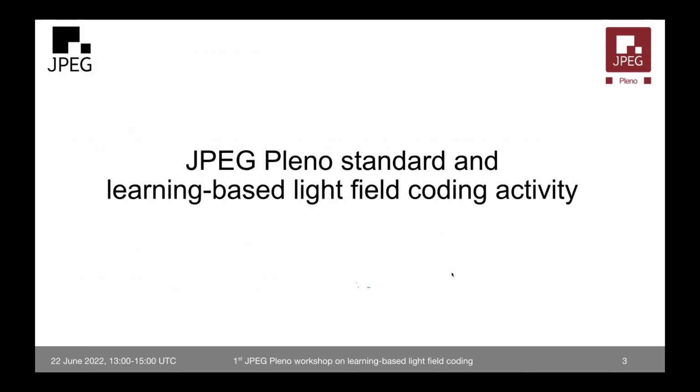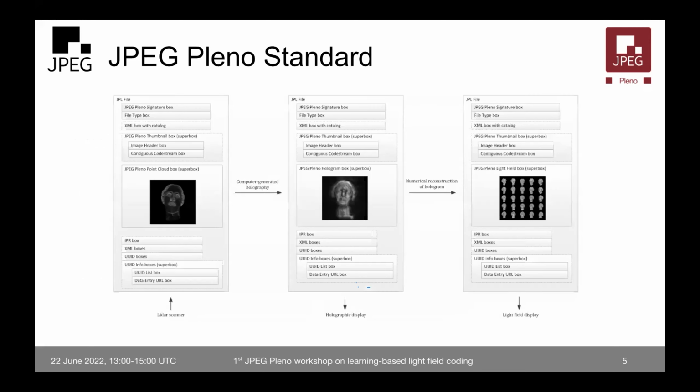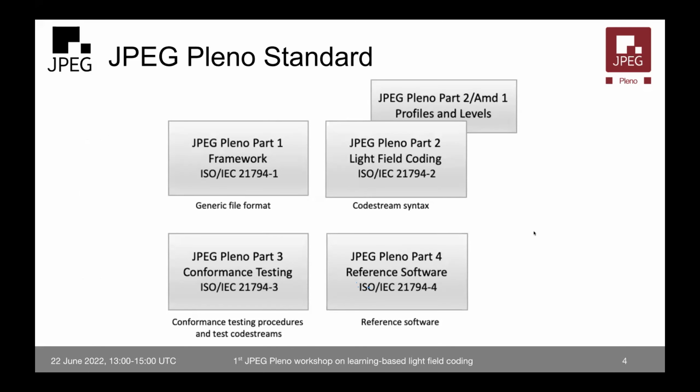We highlighted the JPEG Pleno standard and learning-based light field coding activity. The JPEG Pleno standard is comprised, up to this point, of 5 parts. The first part is the framework, Part 1. It supports capture, representation, and exchange of plenoptic imaging modalities, such as point clouds, light fields, and holography.